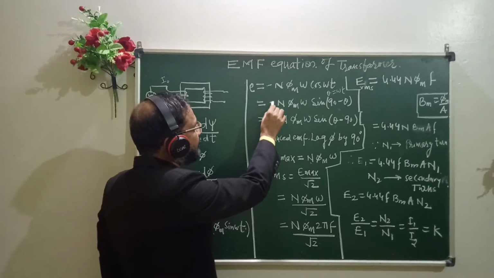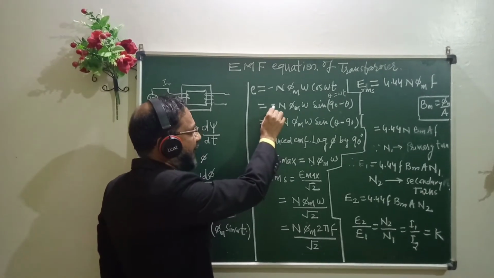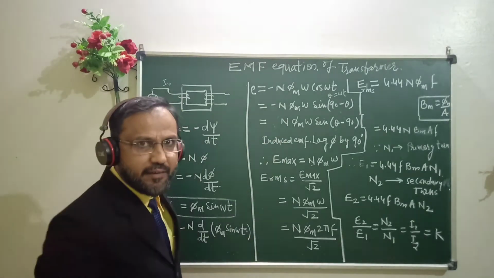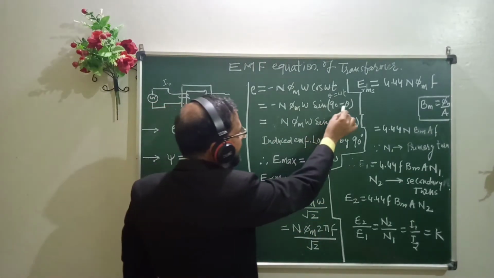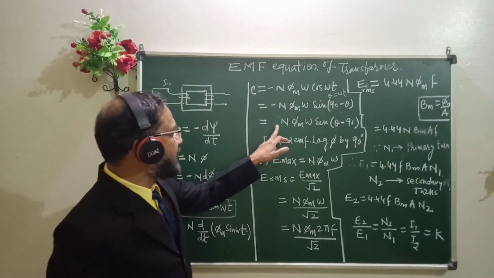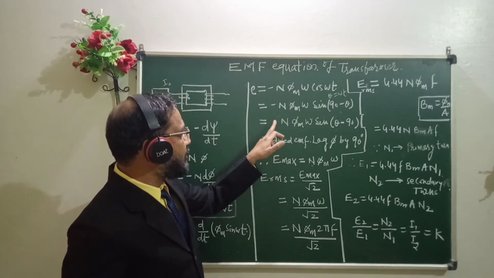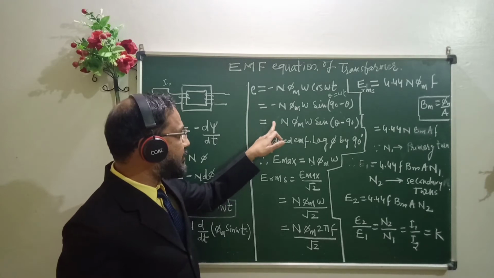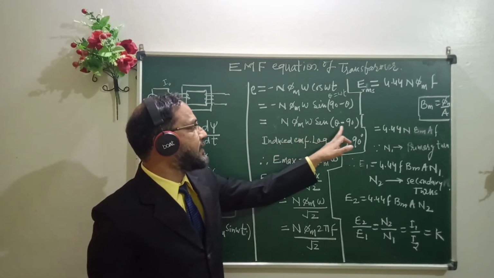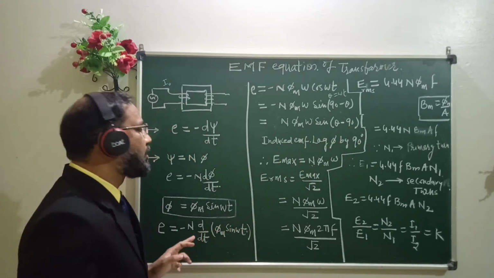Now, if I want to remove this minus sign from here, then this 90 minus theta will become theta minus 90. In this way the minus sign is adjusted, and we get N phi m omega sin of theta minus 90.